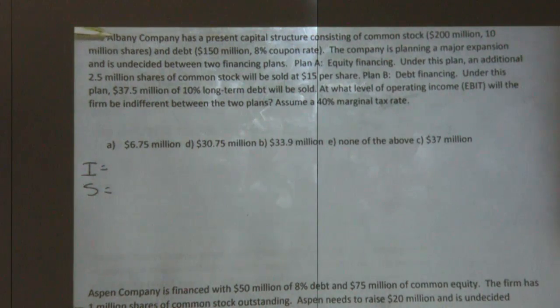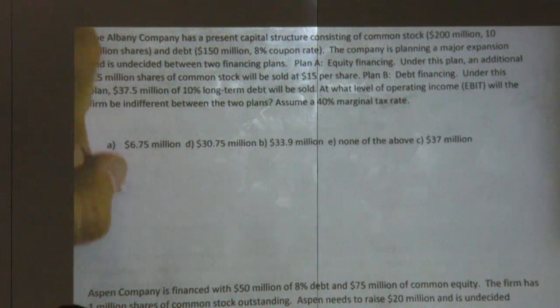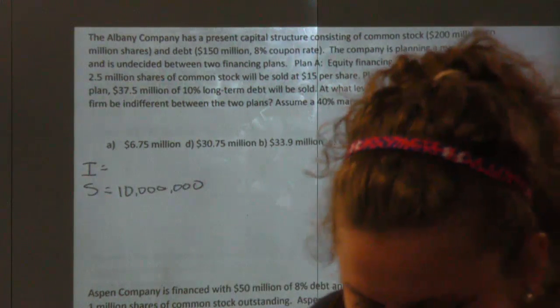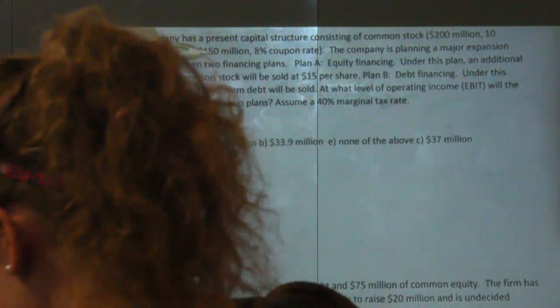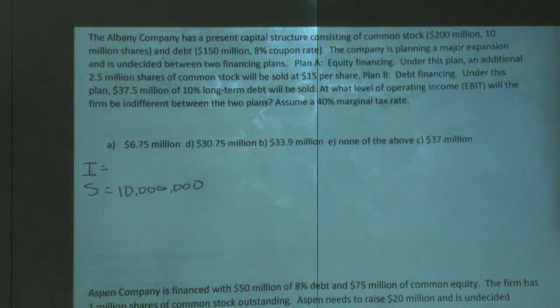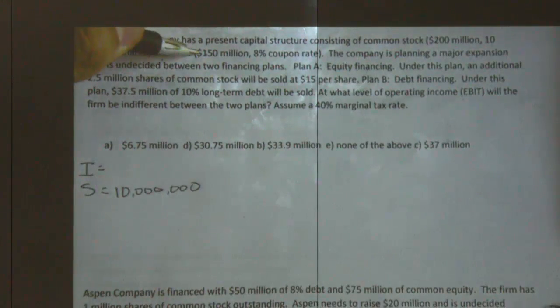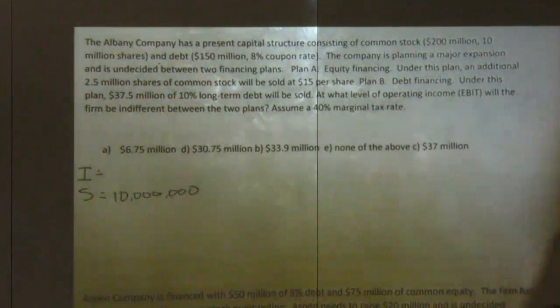So here we have 10 million shares, existing shares, and our debt is 150 million with an 8% coupon rate. What that means is we're going to find our interest by doing 150 million times the 8% coupon rate.